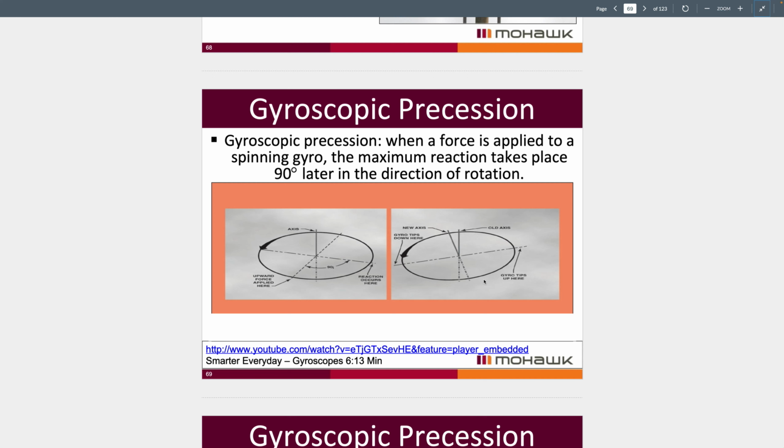When a body is spinning, if a disturbance acts at a position, the effect is felt approximately 90 degrees later in the direction of rotation. So if we had an object rotating in this plane, if we disturbed it here, we'll feel the effect approximately 90 degrees later in the direction of rotation.